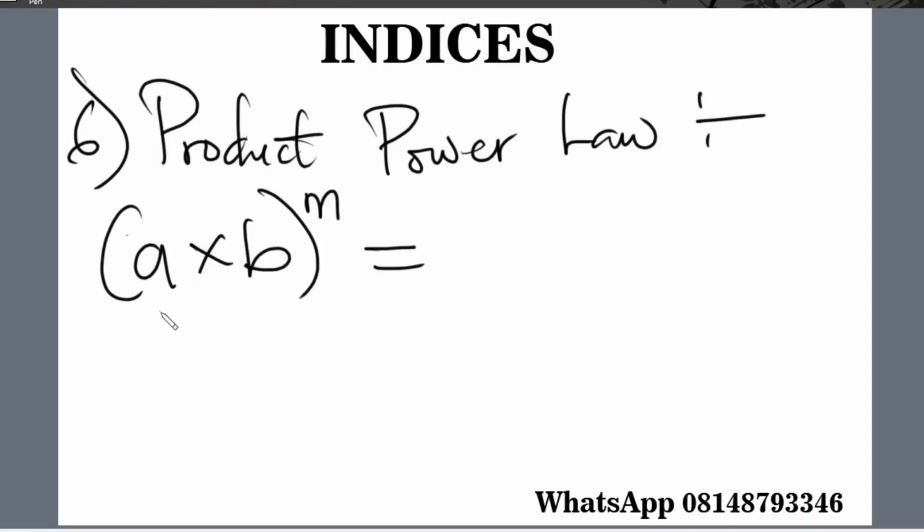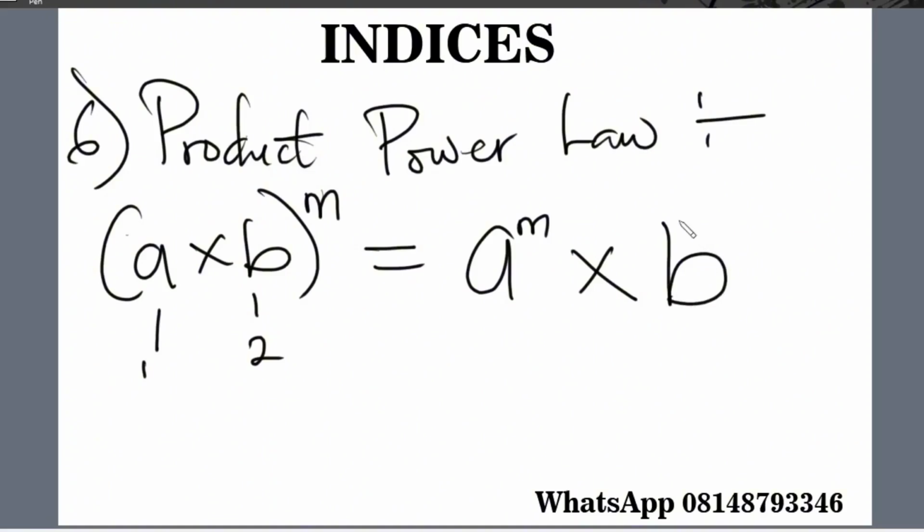We have a, which is the first base, and b, which is the second base. So now let's raise a to the power. The power here is m. And then multiply both bases. So we have a raised to the power m multiplied by b raised to the power m.